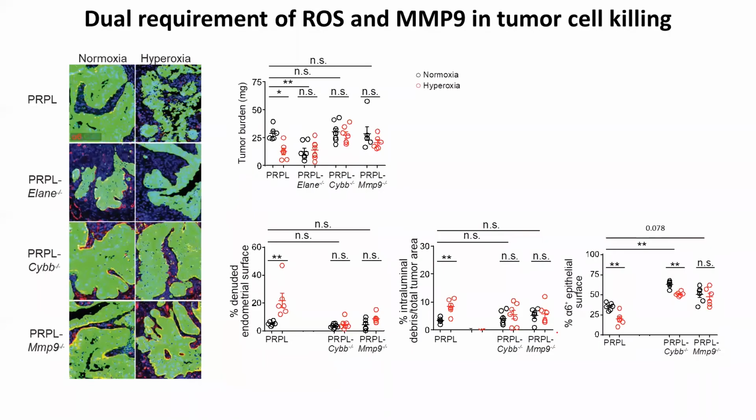With a similar analysis, as I mentioned before, we found that the tumor burden in PMN CYBB knockout or PMN MMP9 knockout mice was not affected upon relief of tumor hypoxia. Consistent with this, the percentage of denuded area as well as the percentage of intraluminal debris remained unchanged when comparing the hyperoxia condition of each of these mutants with their respective baseline.